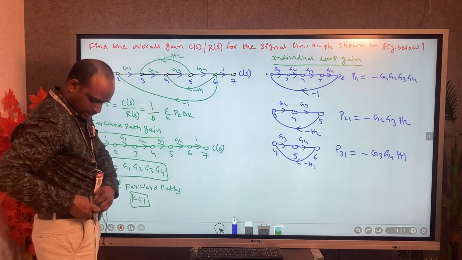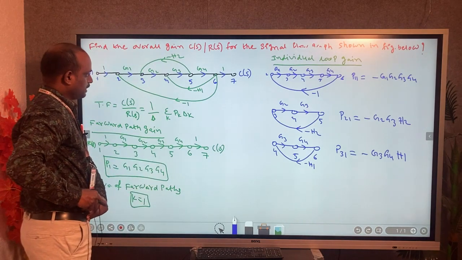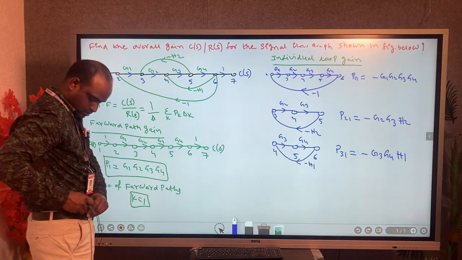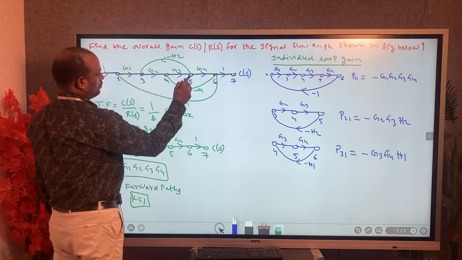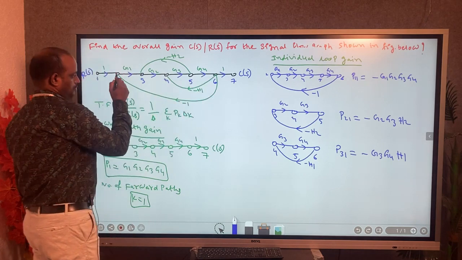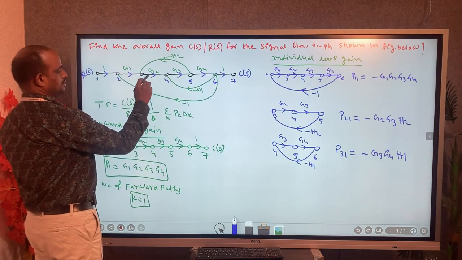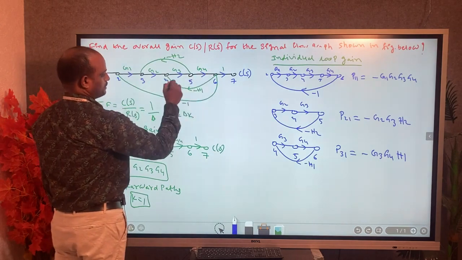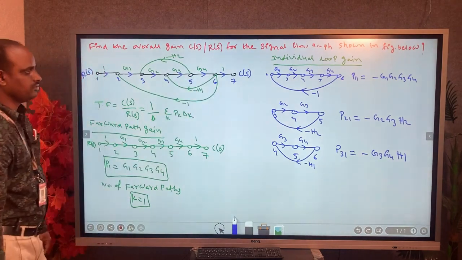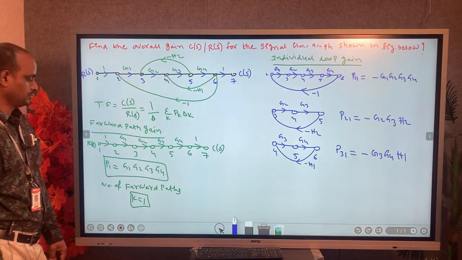Is there any other loop? Now we will check it. So we have 2 to 3, 3 to 4, 4 to 5 and 5 to 2. One loop is completed, and next 3, 4, 5 and 4, 5, 6 completed. Only 3 individual loops are there.